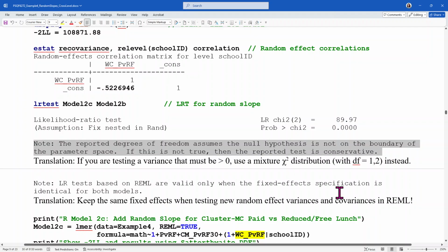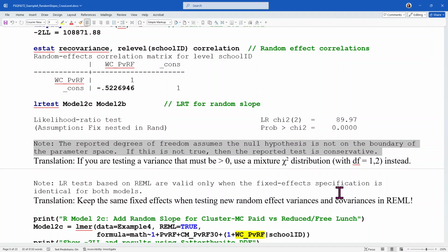The reported degrees of freedom assumes the null hypothesis is not on the boundary of the parameter space. This is the mixture thing. I think I've mentioned it once or twice. Technically speaking, because the random slope variance can't go negative, the comparison should not use 2 degrees of freedom. It should use a mixture of 2 with 1 degree of freedom for when it wanted to go negative but couldn't, essentially.